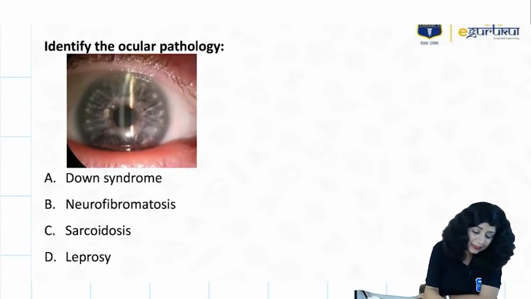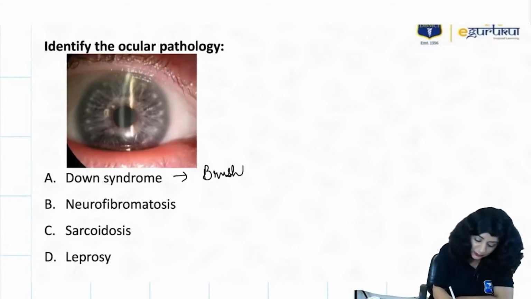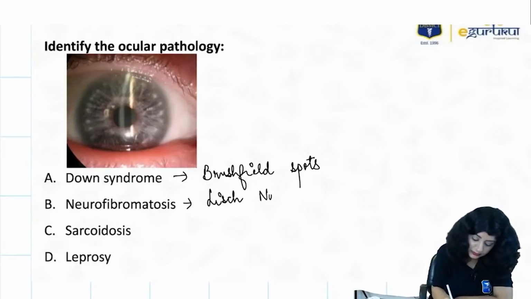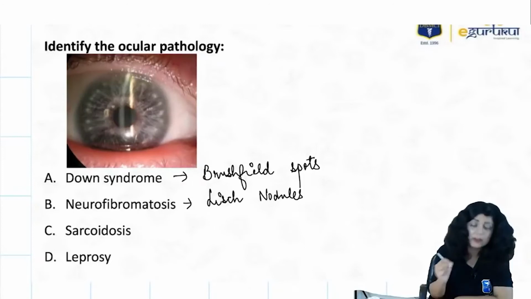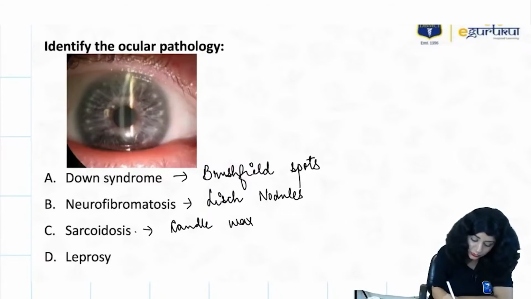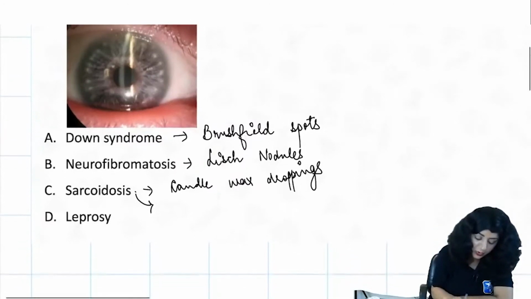If I say that in Down syndrome, we get the Brushfield spots, okay? And in neurofibromatosis, we have discussed that we get the Lisch nodules. In sarcoidosis, I will get the candle wax droppings in the fundus, and in the iris we get what you call the Koeppe nodules.